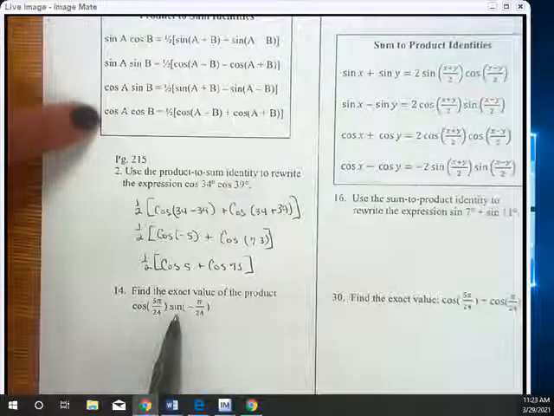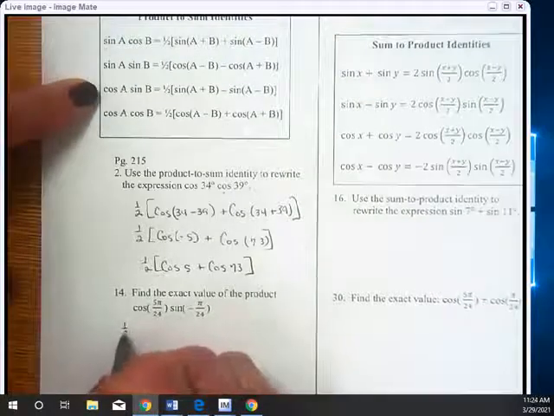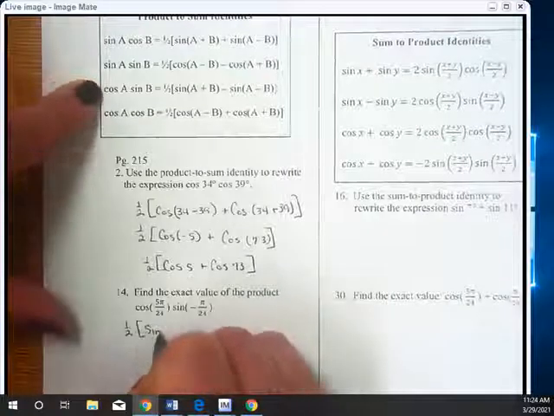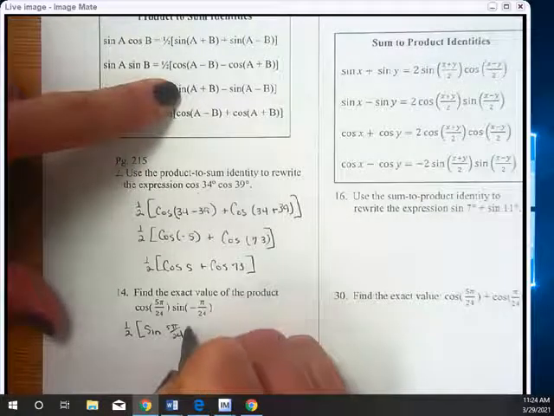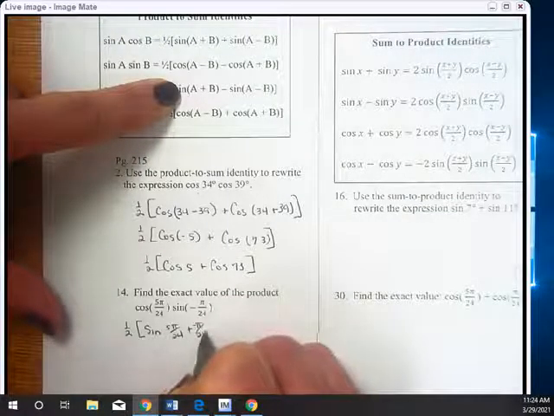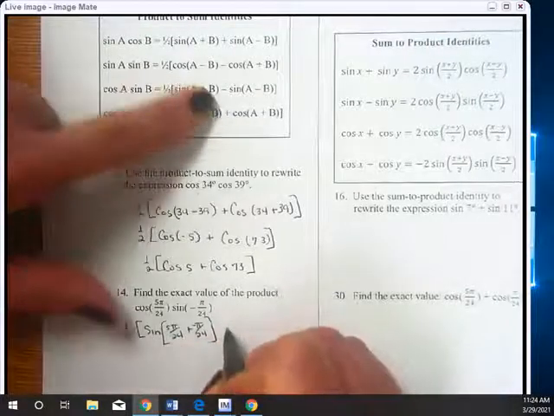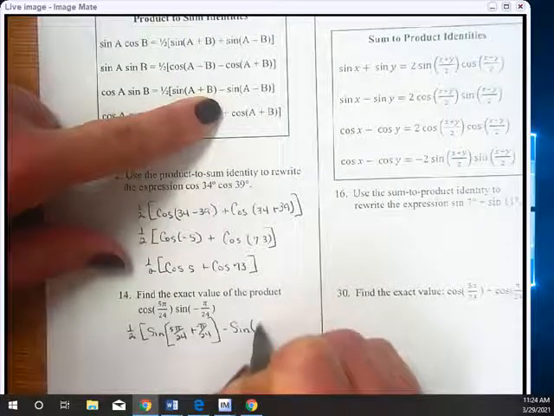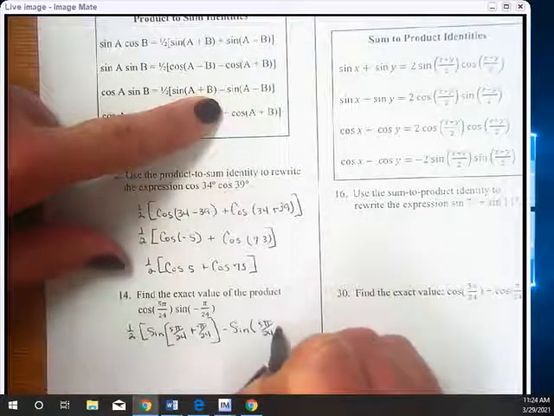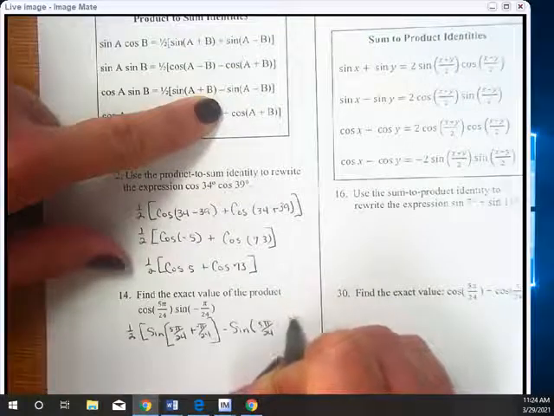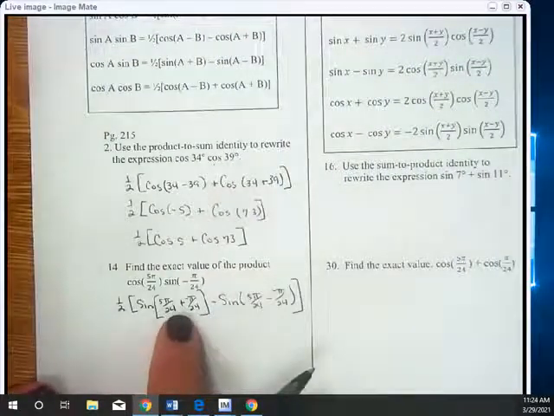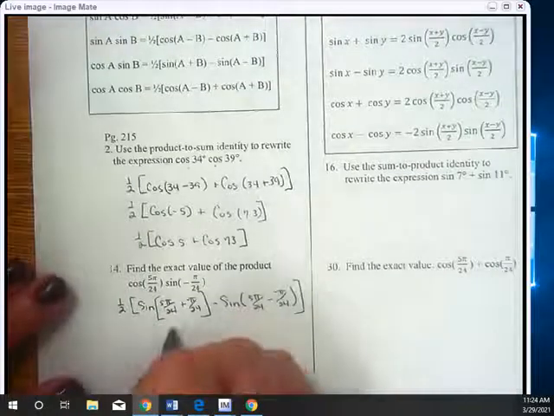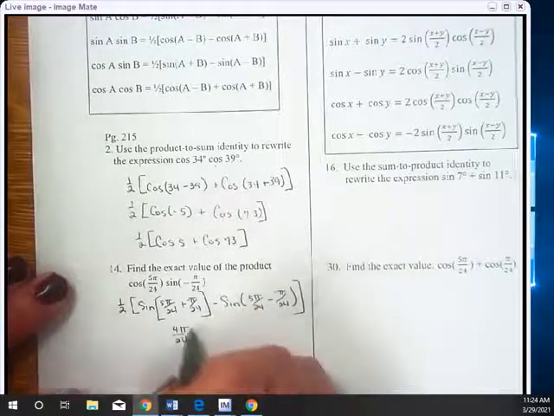Cosine sine. Cosine sine. 1/2 the sine of 5 pi over 24 plus the negative pi over 24 minus the sine of 5 pi over 24 minus a negative pi over 24. 5 minus 1 is 4 pi over 24, which reduces to what number?